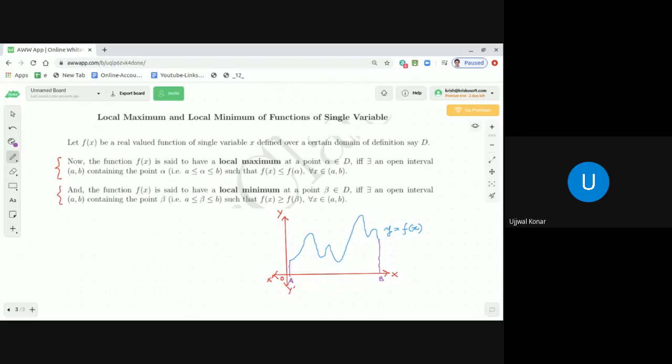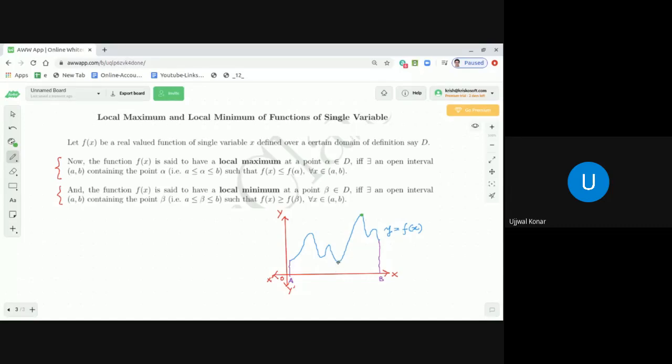Now, dear students, if you look into this particular domain, what is the absolute maximum? Even without knowledge of differential calculus, you can ask, sir, where is the absolute maxima? We can say the absolute maxima is this point, correct? And where is the absolute minima?